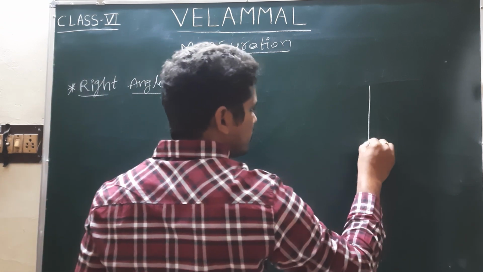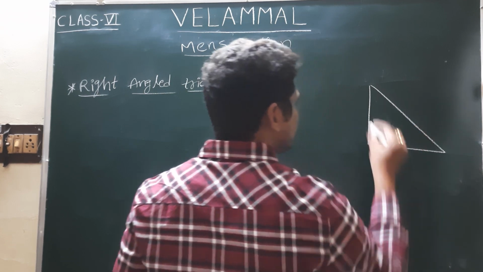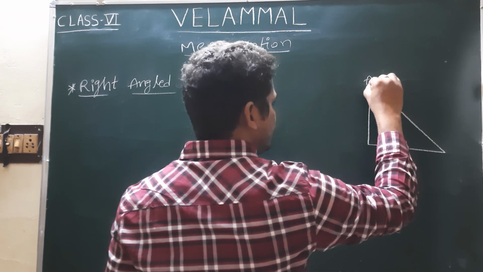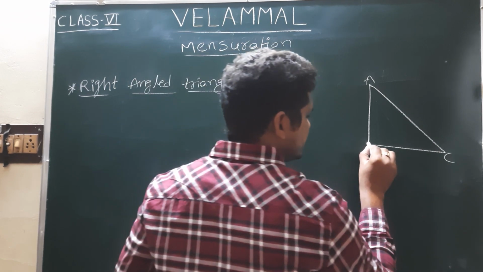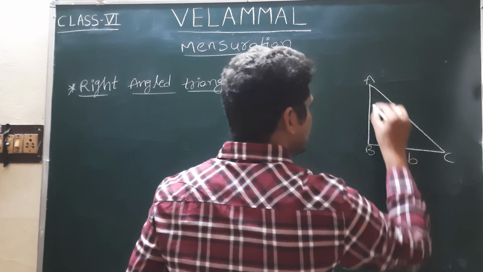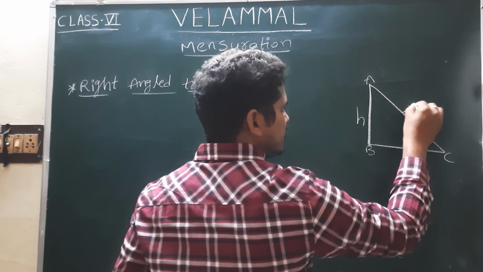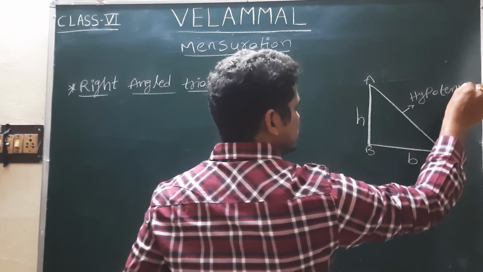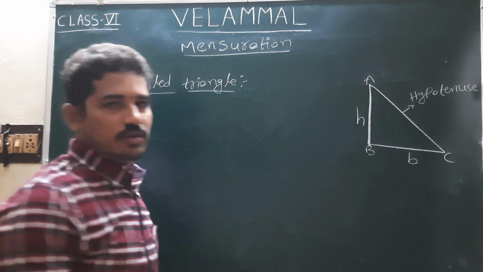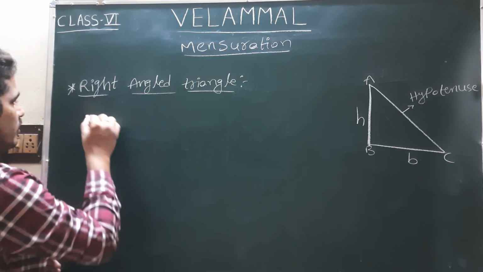I am drawing the triangle here, triangle ABC. In this, as we already said, BC is the base, AC is the height, and this is the hypotenuse.